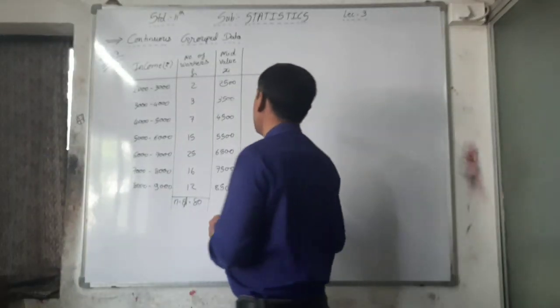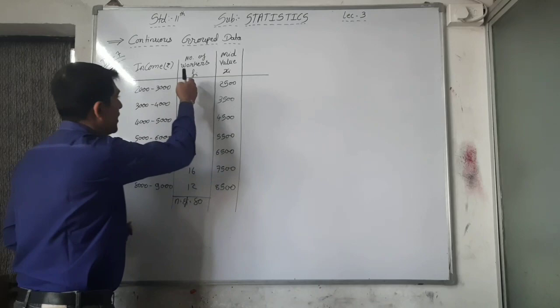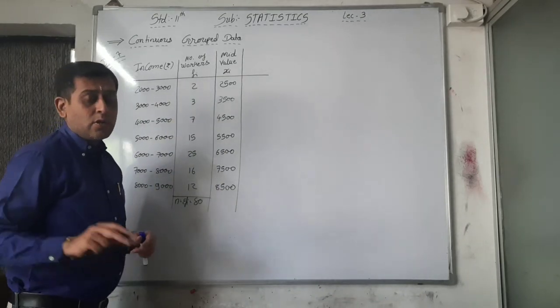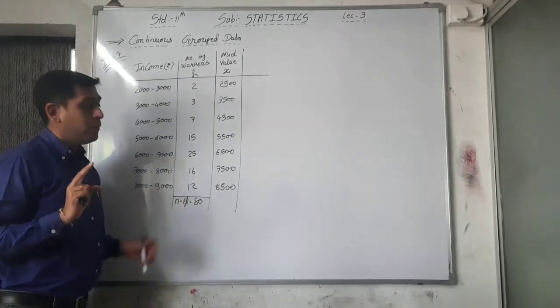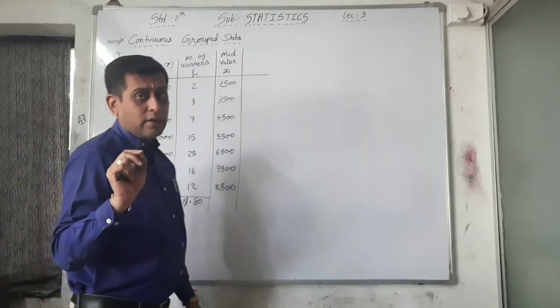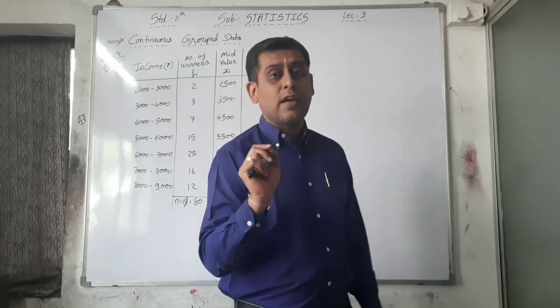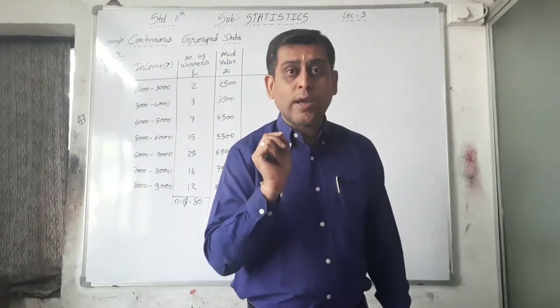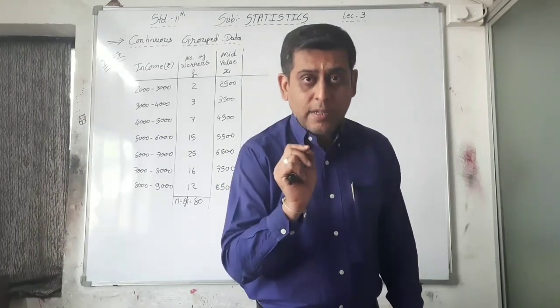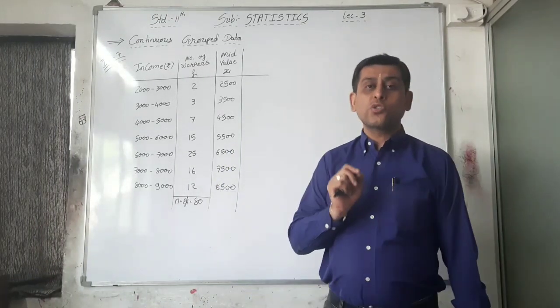Okay, now see, this is your Xi, this is your Fi. See, you can do this sum by both methods. Here it is not specifically said whether you have to calculate by the direct method or by the shortcut method.